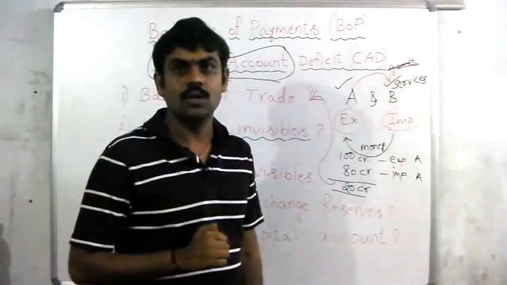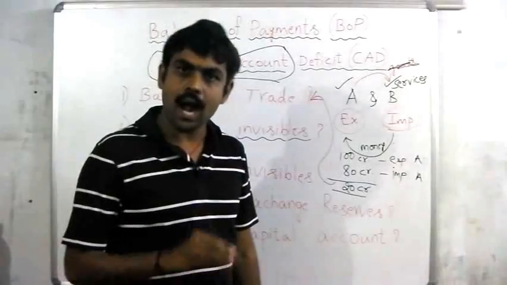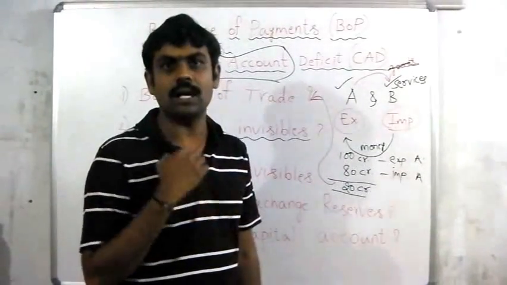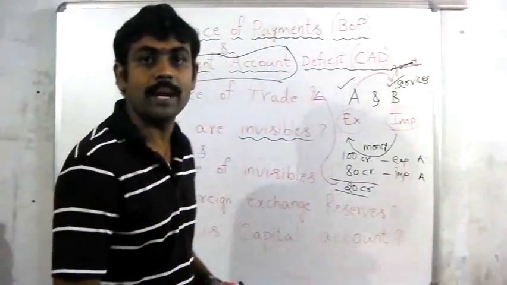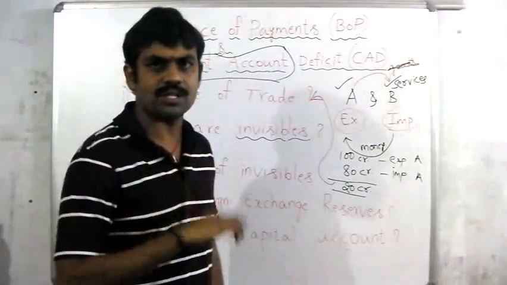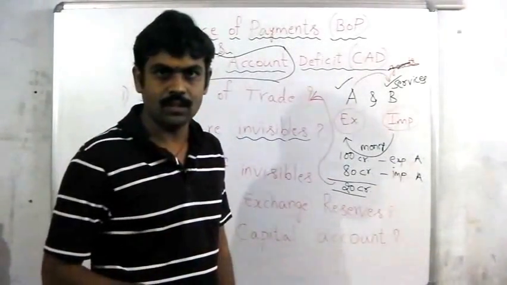For what purpose? To do the payments for imports, and for exports also the country will receive the payments. For that purpose it needs to maintain foreign exchange reserves. Simply vice versa, to pay to another country it needs foreign currency.